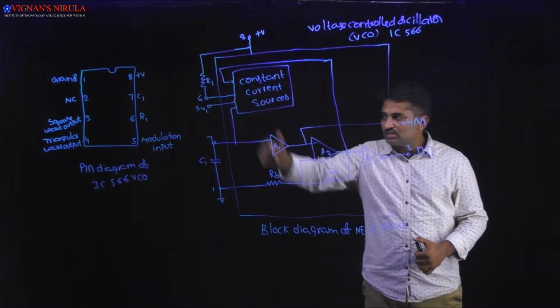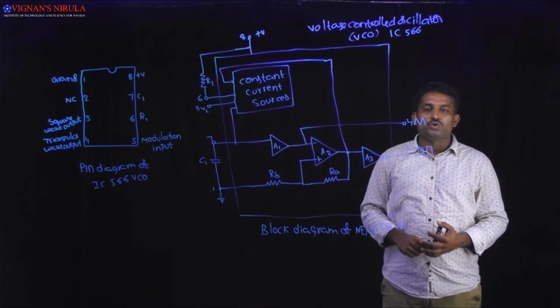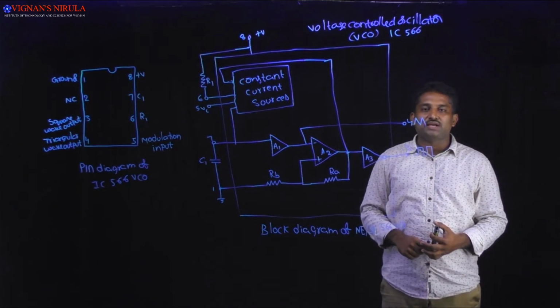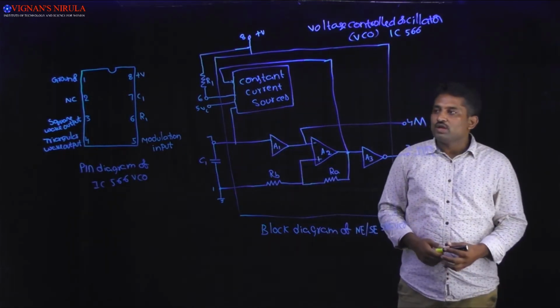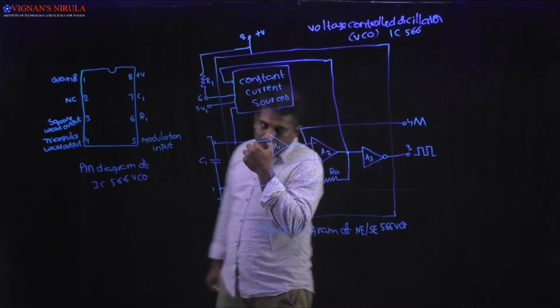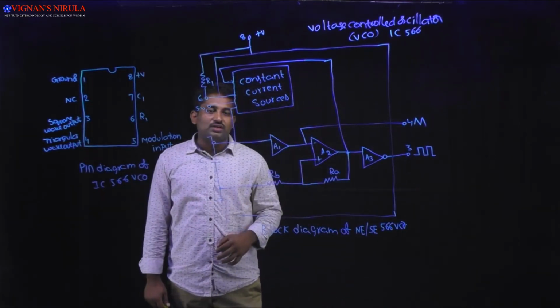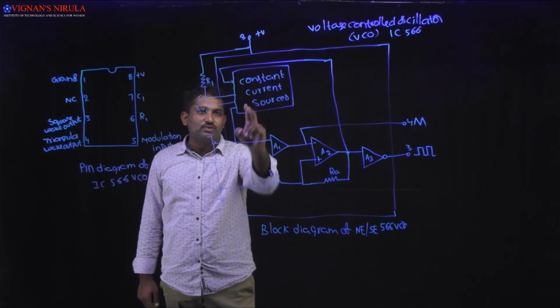One is a square wave output and the other one is a triangular wave output, and these outputs are collected across pins 3 and 4. Now the capacitor is charged or discharged by a constant current source, and this constant current source is generated from this circuit.